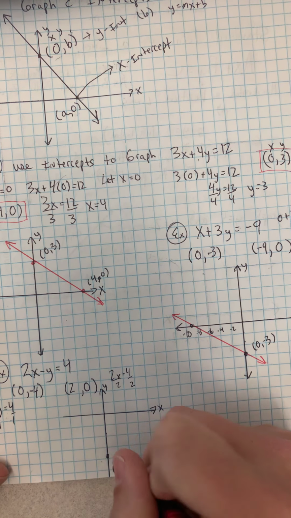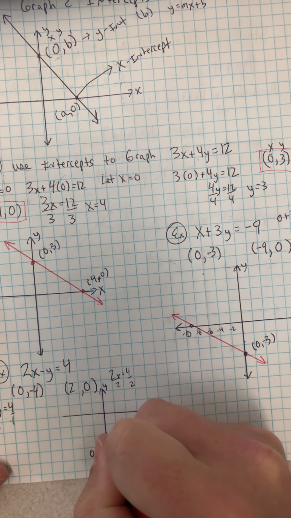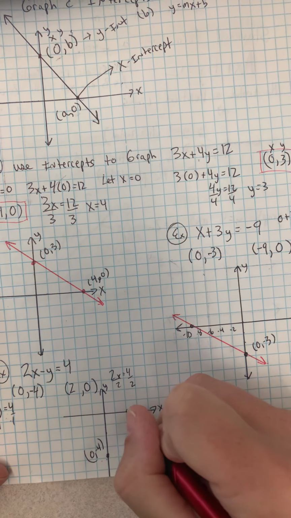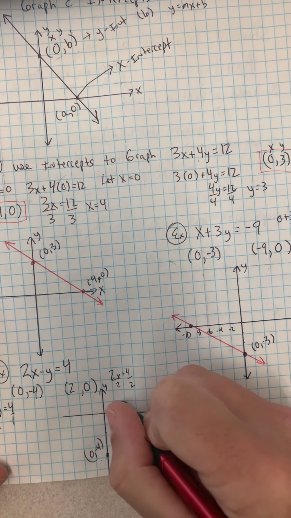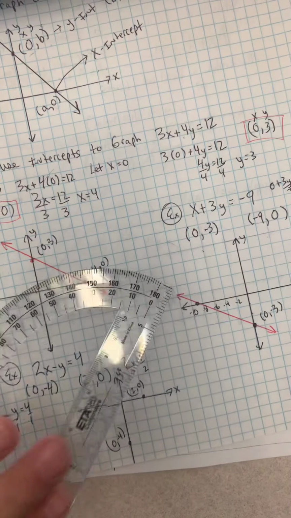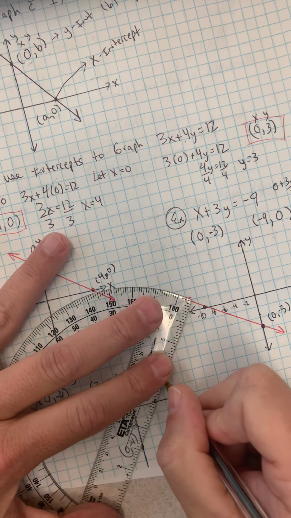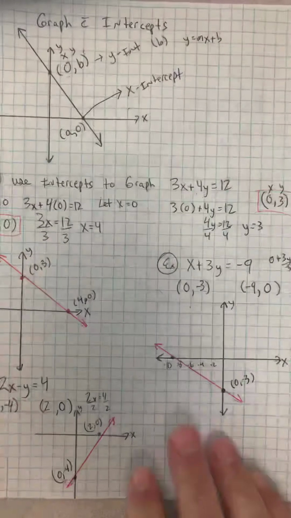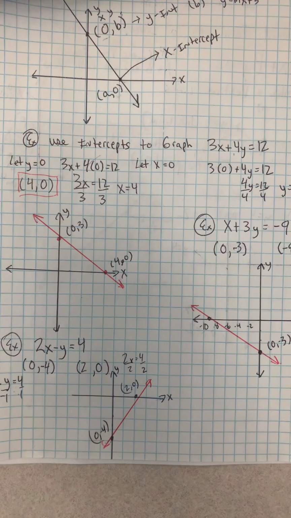I have that point. 0, negative 4. My y-intercept, my x-intercept. 2, 0. And now I can connect those two dots. Whoops, I was a little off on that one. Close enough, I've got it labeled. And I'm done.